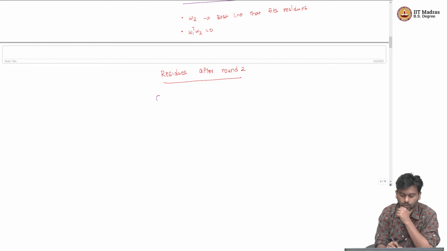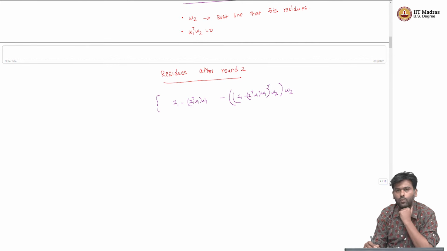So, the first data point was x1 minus x1 transpose W1 into W1. Now, this was my original data point. I subtract out its dot product with W2, the same vector transpose W2. This is the scaling factor with respect to W2, right.